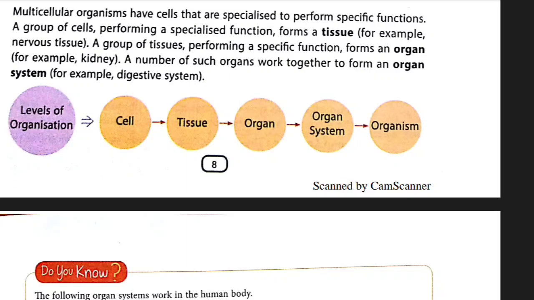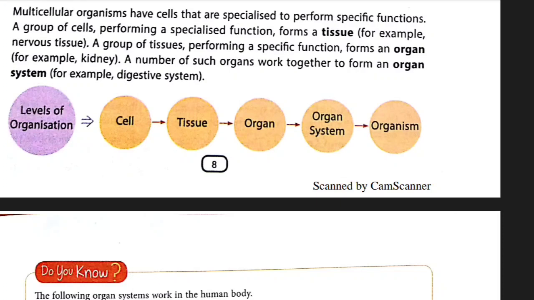So this is an organ system. Leg is another organ system, hand is another organ system, and the head, because the head has hair on it. These organ systems combine together to form the organism.